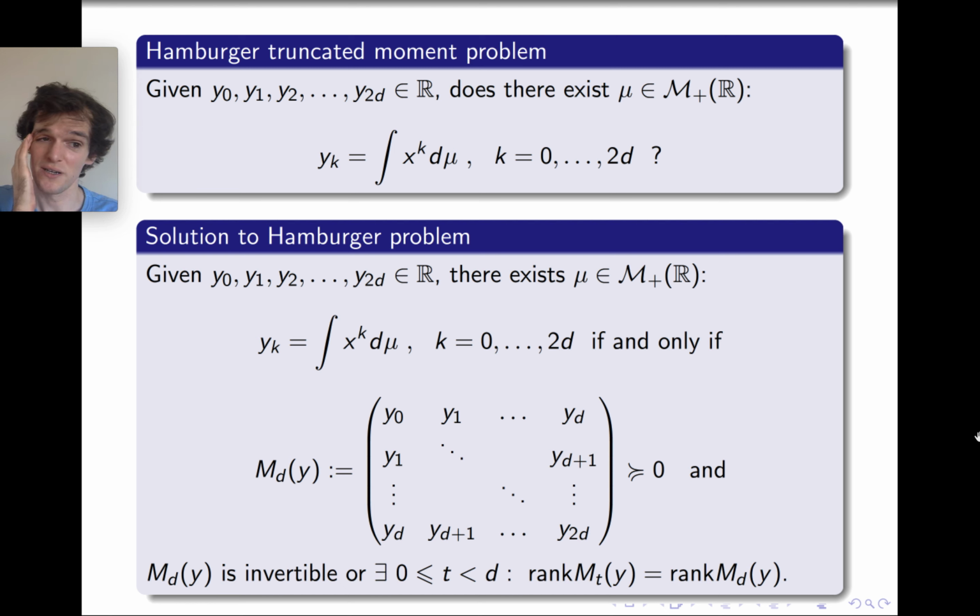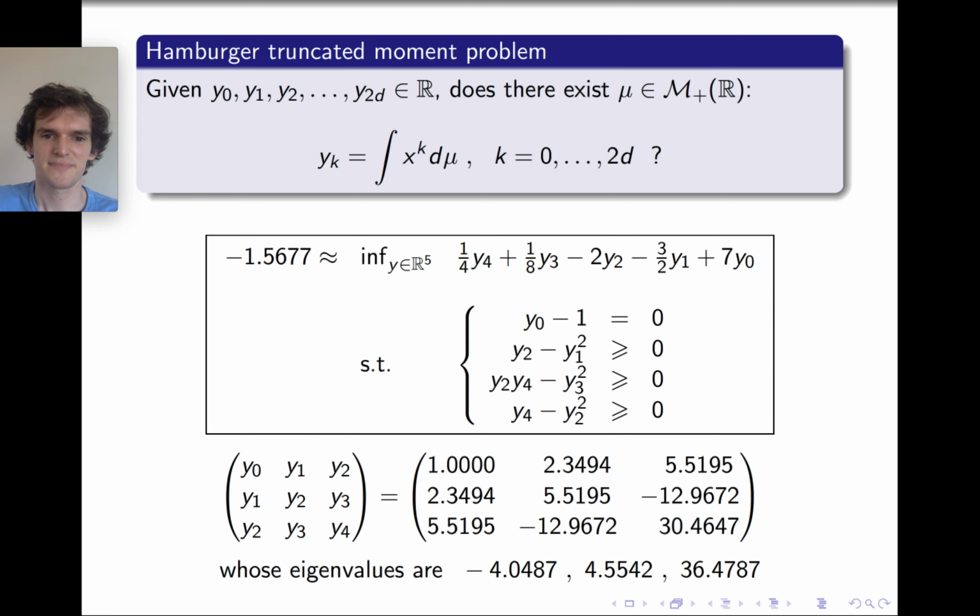Okay, so we're actually going to prove that now. Before we prove it, let's just see how it applies to our problem here. If we stack the pseudo moments up this way, we can compute its eigenvalues, and we see that there's a negative eigenvalue.